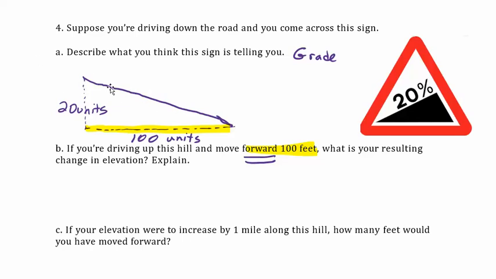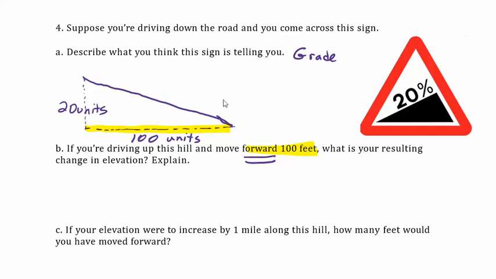That's really important, and we're going to cover that in a section in this unit. We're going to learn how to find this distance right here, but it is not 100 units. So when we talk about moving forward 100 units, we're talking about moving in the direction that you're going, whatever that is, north, south, east, west, northeast, whatever.